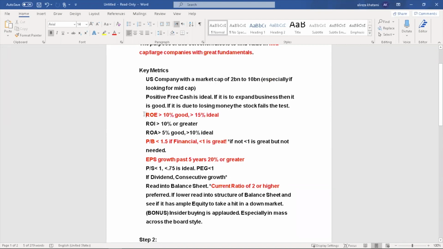These three things are the most important things you need to put in your scanner: the return on equity, return on investment, and return on assets. Again, if you put them all in, you are really tightening the list of stocks you're going to look at. But if you're looking at investment, you want the safest stock that you're putting your money in for the long term.